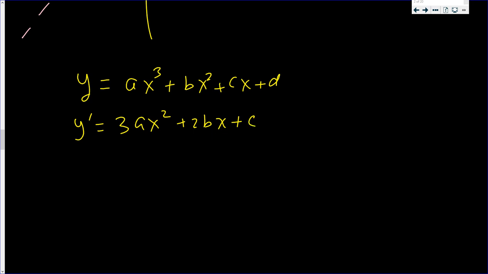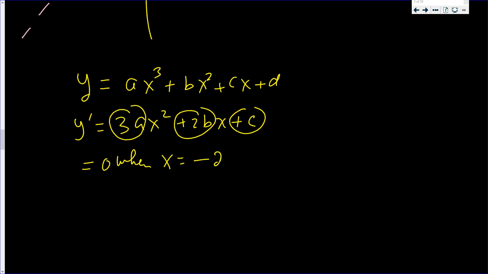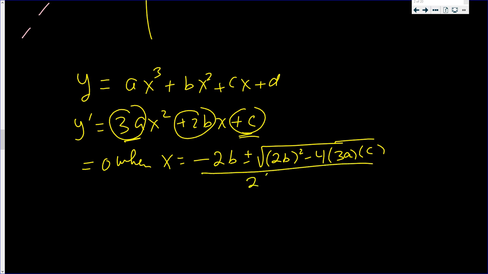I know the formula for a quadratic. This equals 0 when x is equal to negative b plus or minus the square root of b squared minus 4 times a, which is 3a, times c, which is c. And all of this is divided by 2 times a, which is 3a.